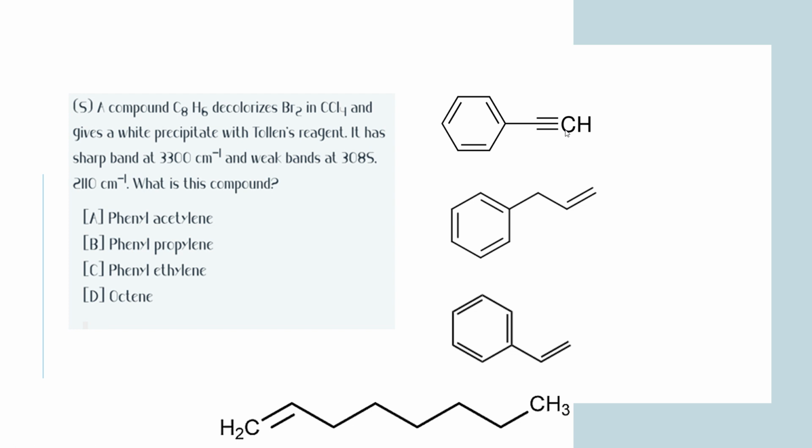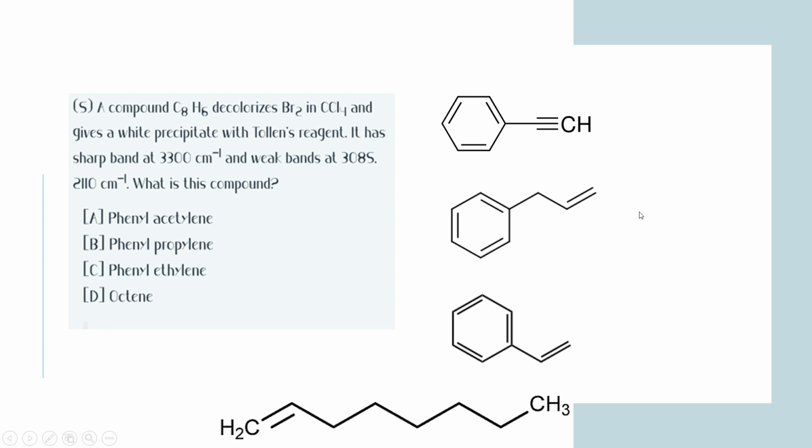So in case of alkenes, the CH value will be slightly lesser, around 3000 to 3100. Why is it so? You may ask why this alkyne CH stretching is giving a higher value than this alkene CH.